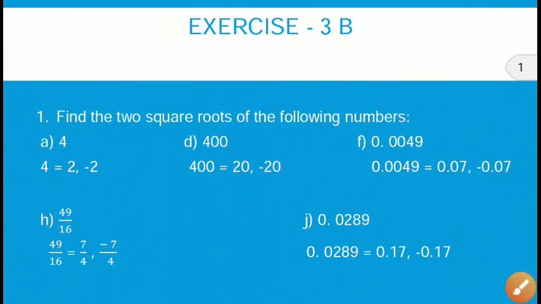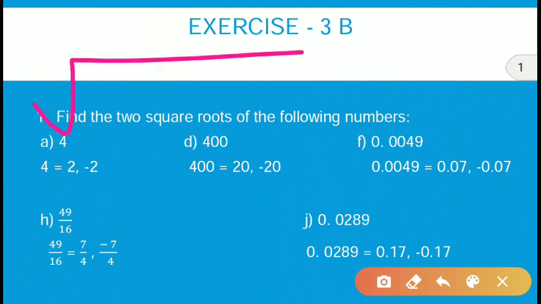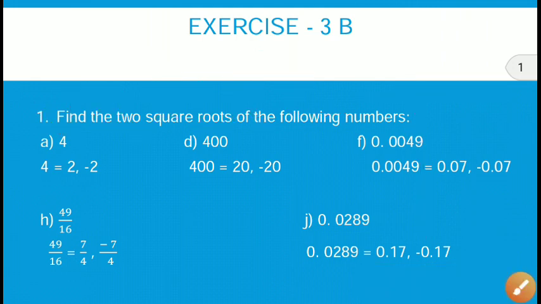That means the two square roots of 400 will be 20 and minus 20. Whatever I am writing in the square root is the factorization, and you all know how to write the factorization using the prime factorization method.